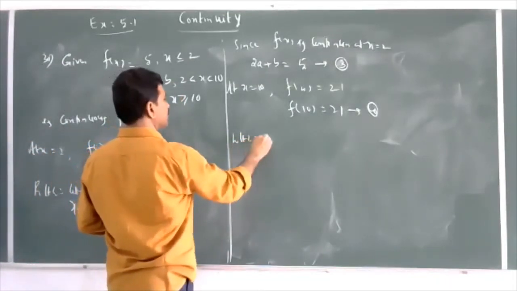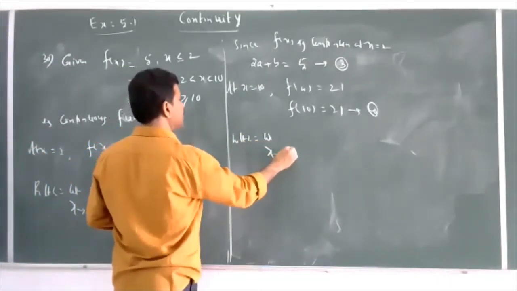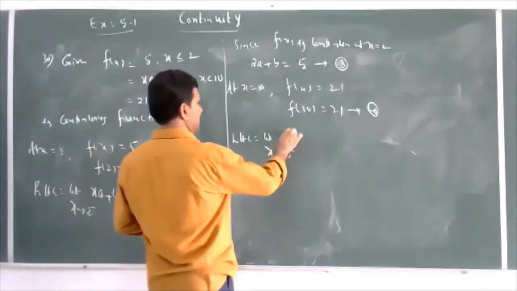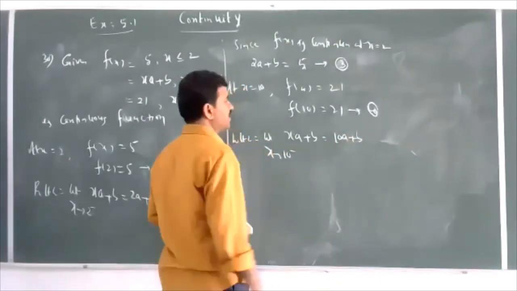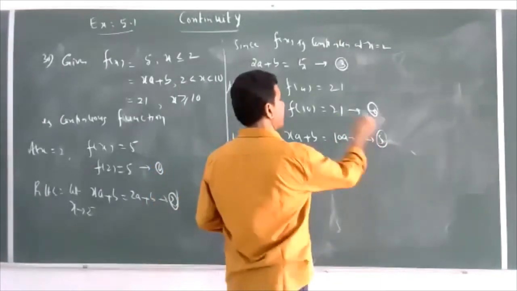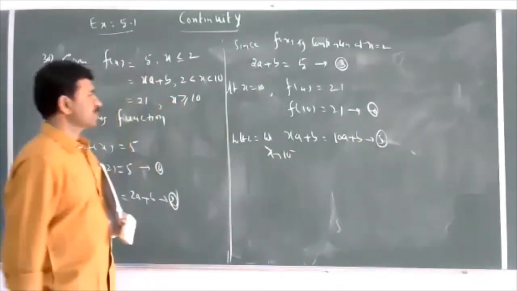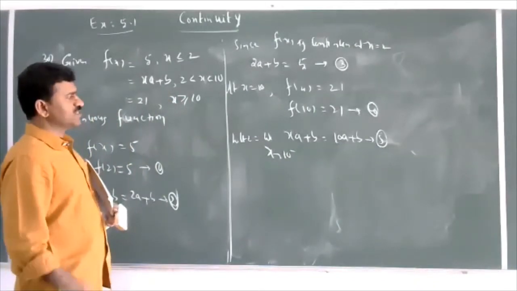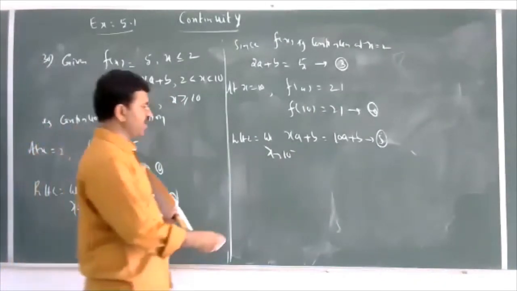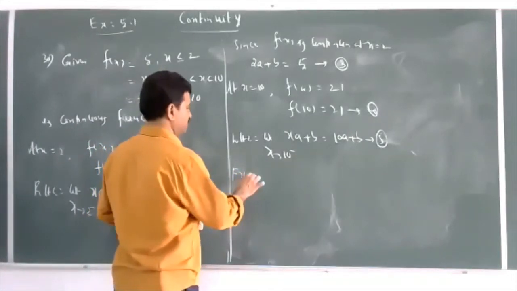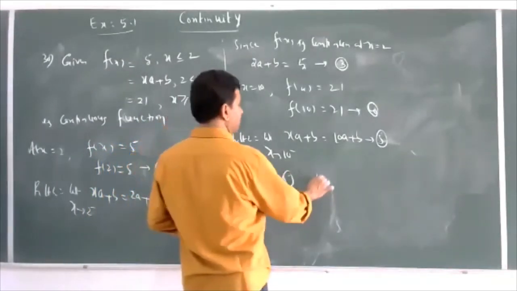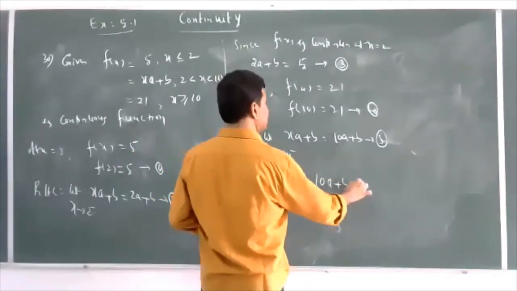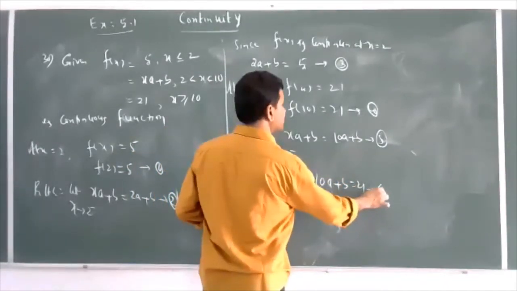LHL is equal to limit of x tends to 10 minus, the function is xa plus b, 10a plus b, equation number 5. Since it is continuous at x is equal to 10, from 4 and 5, 10a plus b is equal to 21, equation number 6.